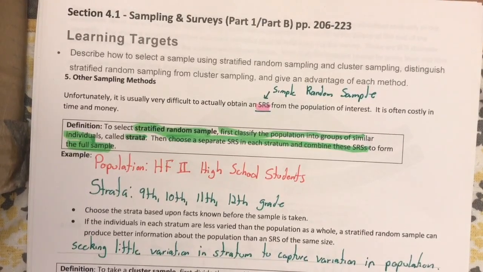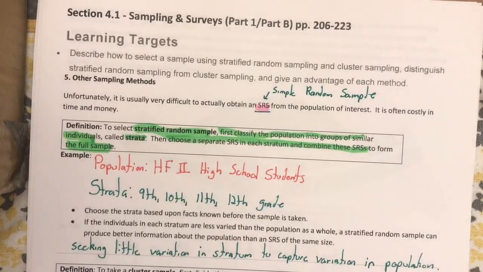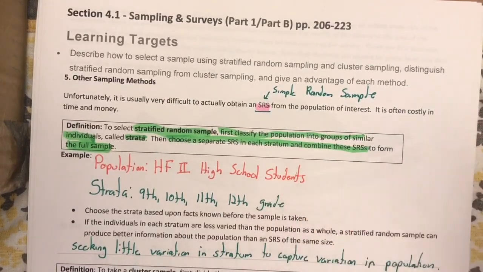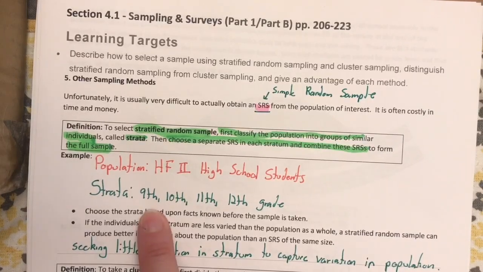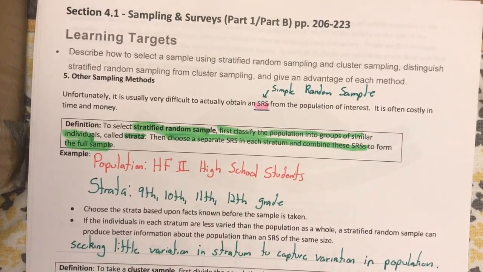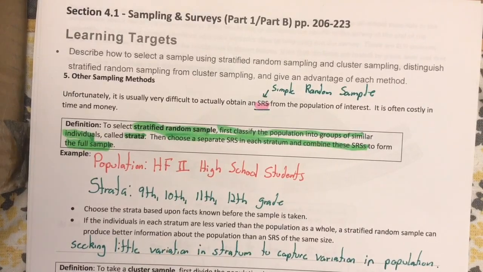So we break them up into the strata, and then we're going to choose a simple random sample from each group. So we might choose a sample of 10 students from 9th grade, 10 students from the 10th grade, 11th grade, and 12th grade, and we will put each of those students together to form our complete sample.